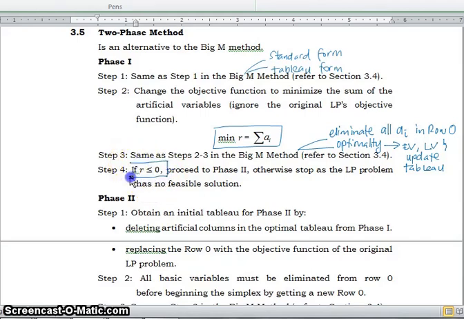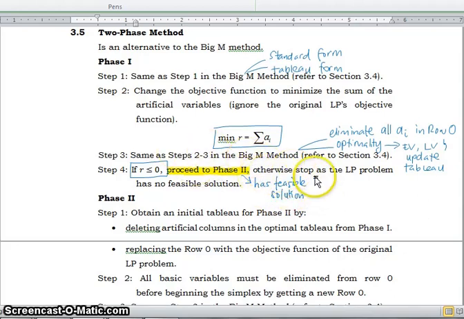If R is less than or equal to 0, then you can proceed to phase 2, where the problem has a feasible solution.